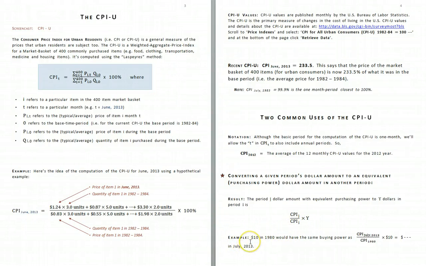For example, $10 in 1980 would have the same purchasing power in July 2013 as the CPI for July 2013 divided by the CPI in 1980 times the $10 in 1980, etc.